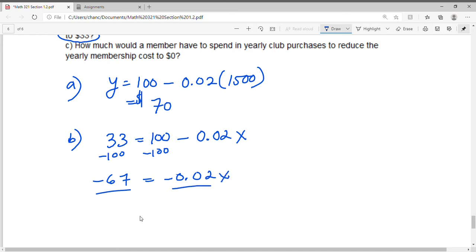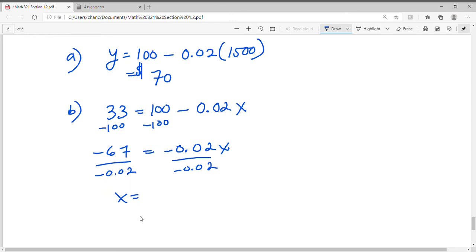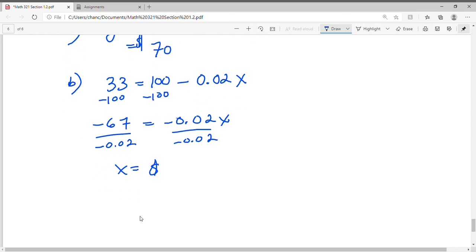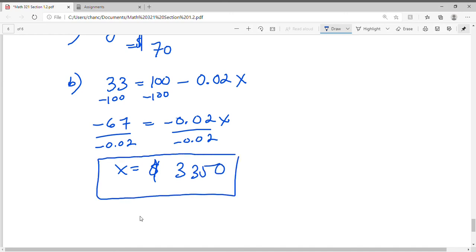And then we'll divide both sides by negative 0.02. Here, x is equal to $3,350. So I need to spend $3,350 at this club so that the annual club membership fee is only $33. That's a lot of money.